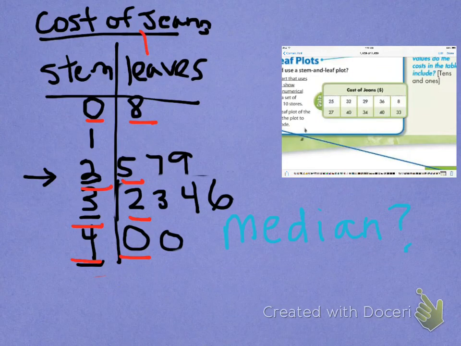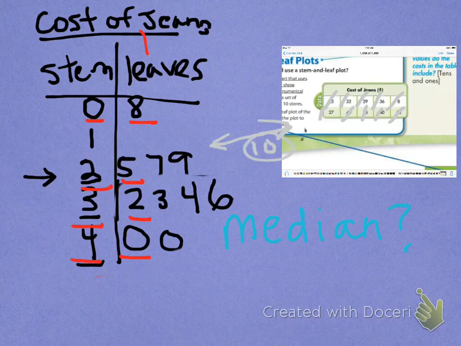Then they're going to ask you what is the median, based on the stem and leaf plot. So you want to count how many values you have. 1, 2, 3, 4, 5, 6, 7, 8, 9, 10. I have 10 numbers, right? And what's in the middle of 10?